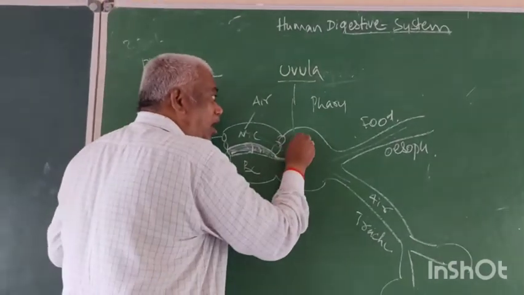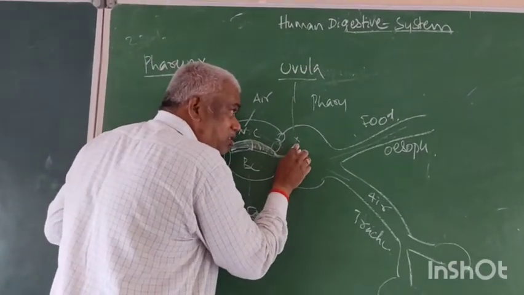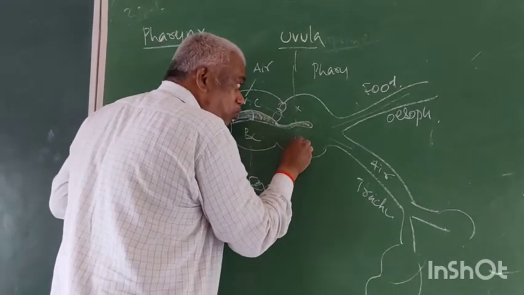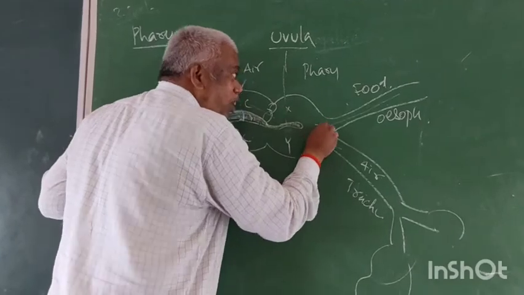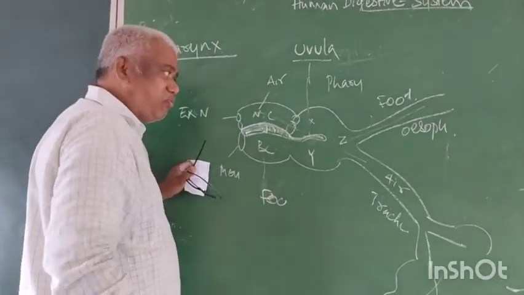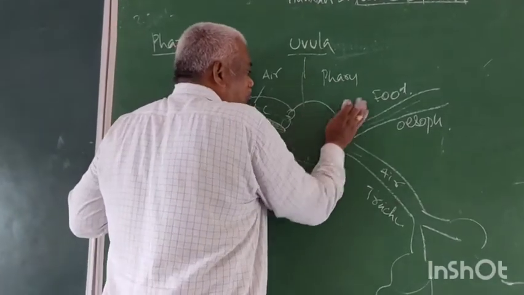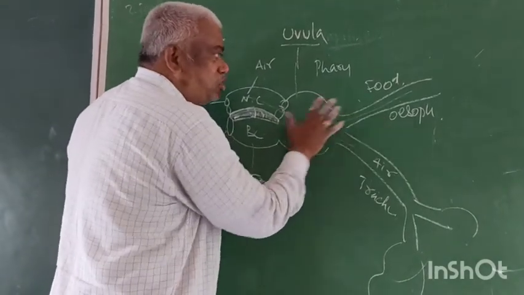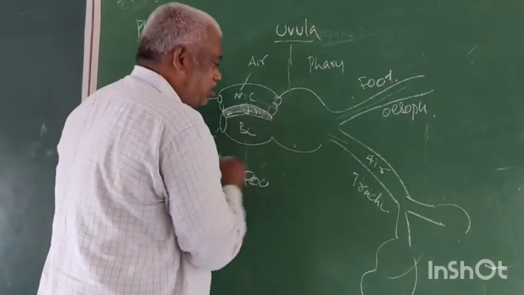This is the space of the pharynx above the uvula, below the uvula, and behind the uvula. Suppose there is no uvula. The pharynx is a single chamber, a single space.